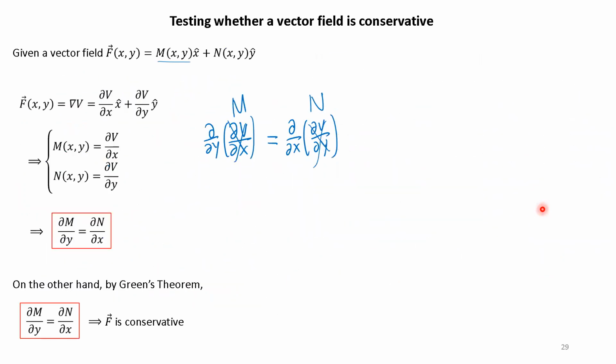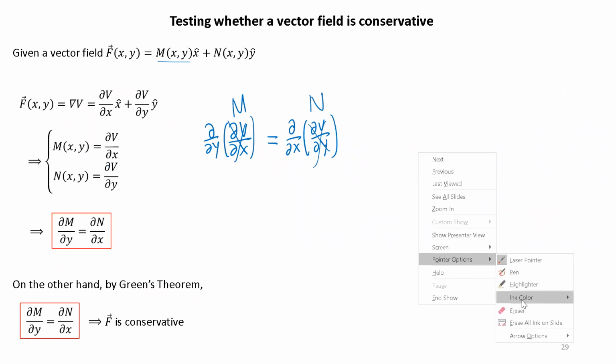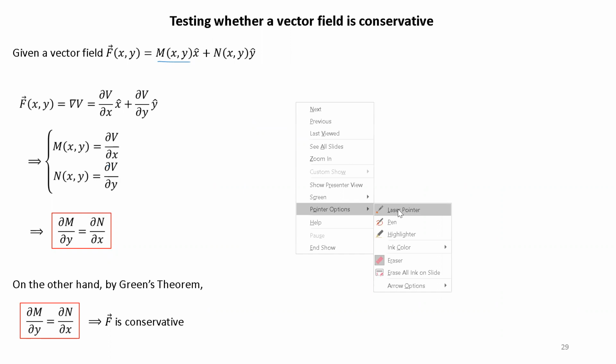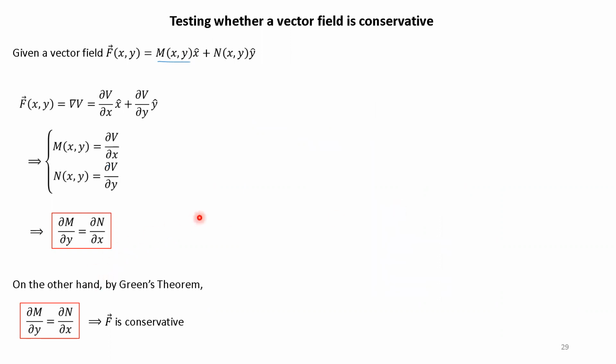So now you see that it's all connected. If the circulation density is 0, then you integrate over the region with 0 circulation density, and that means your line integral around the closed path enclosing that region is 0.